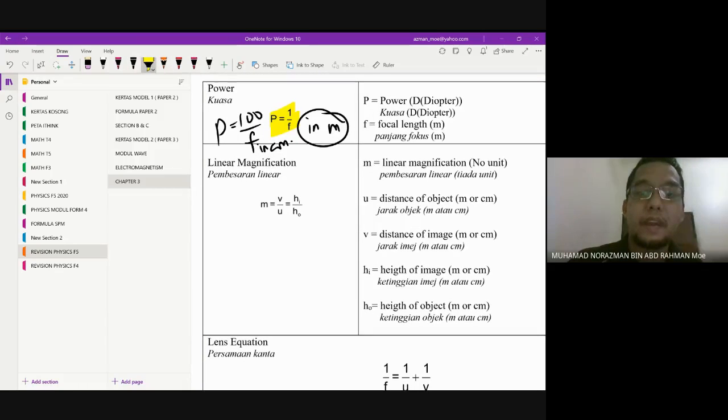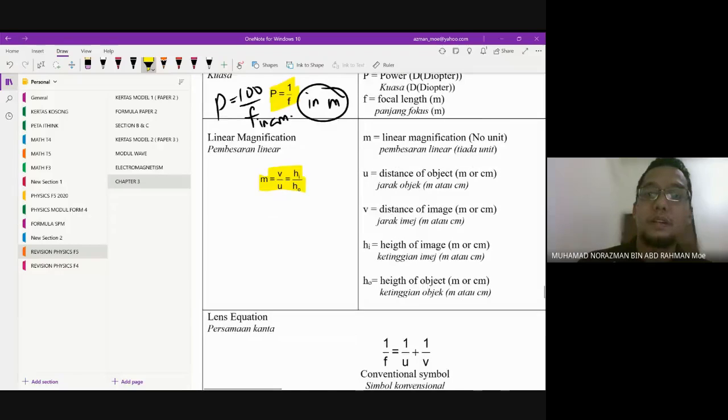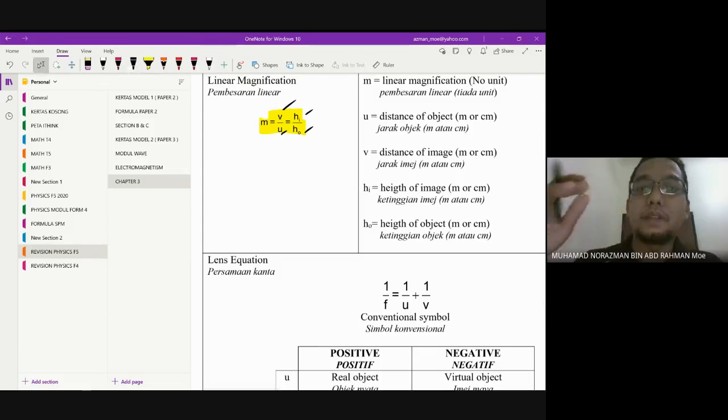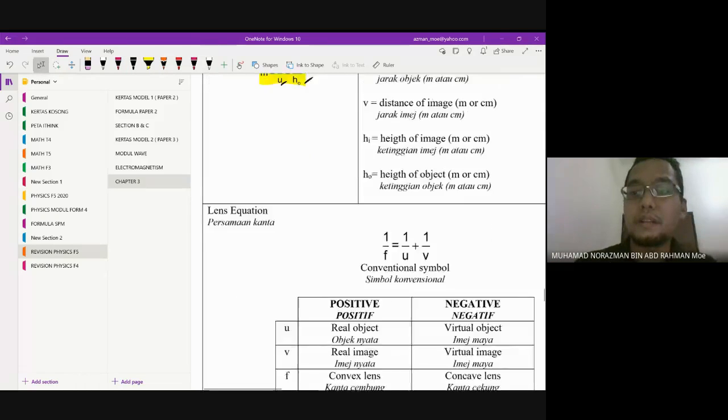Next, we have m is equal to v over u. Apa tu v? Distance of image over distance of object, or height of image over height of object. Okay, magnification. So magnification is equal to 1, same size. Magnification less than 1, diminished. Magnification value more than 1, magnified.